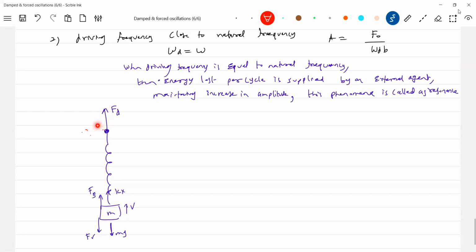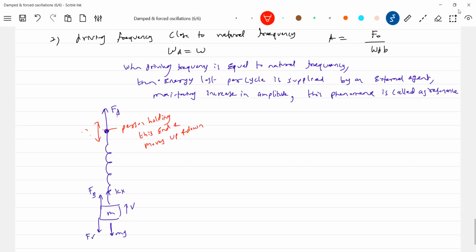I'm unable to show it. I'll try it later on. So here it will be like this. A person holding this end and moves up and down. That one.